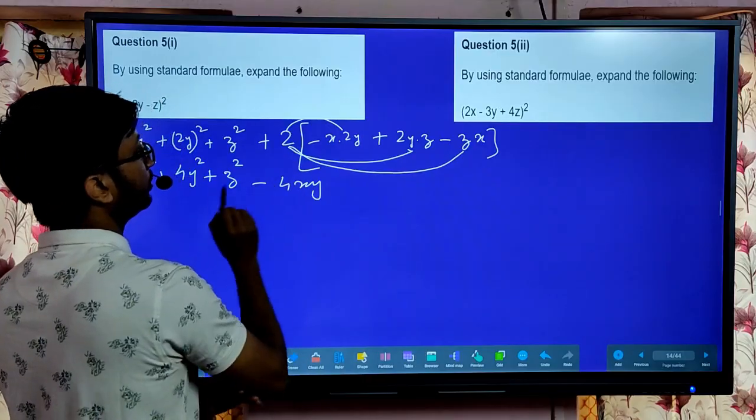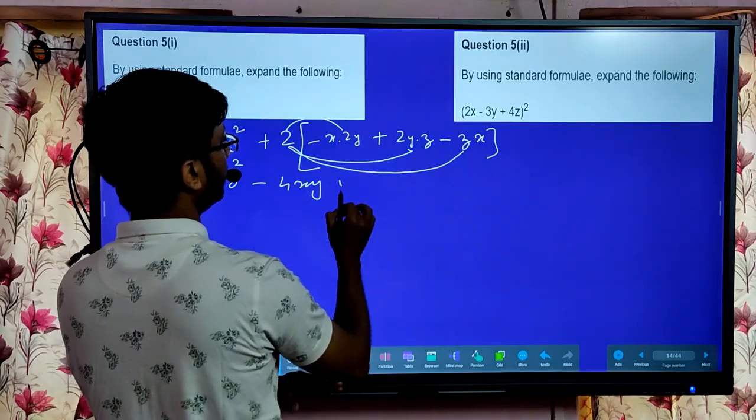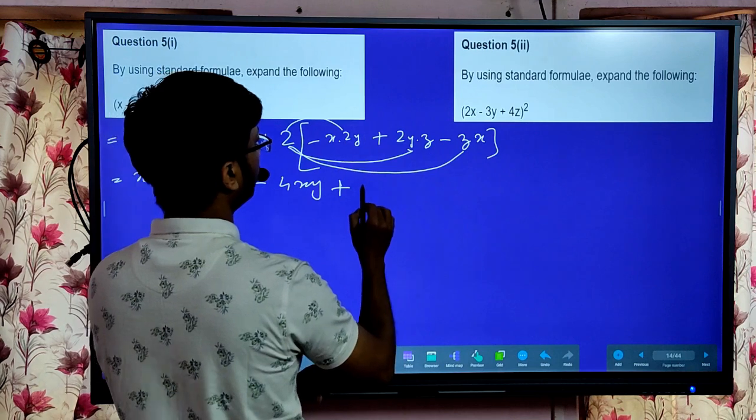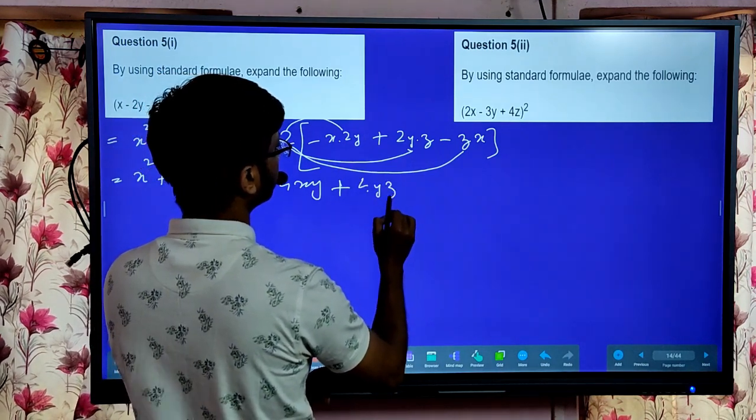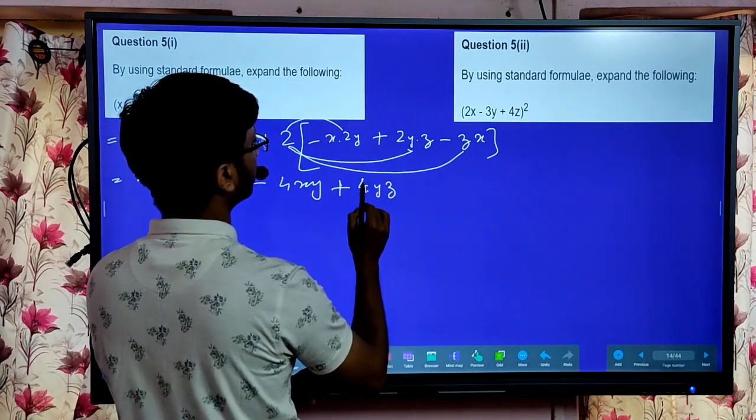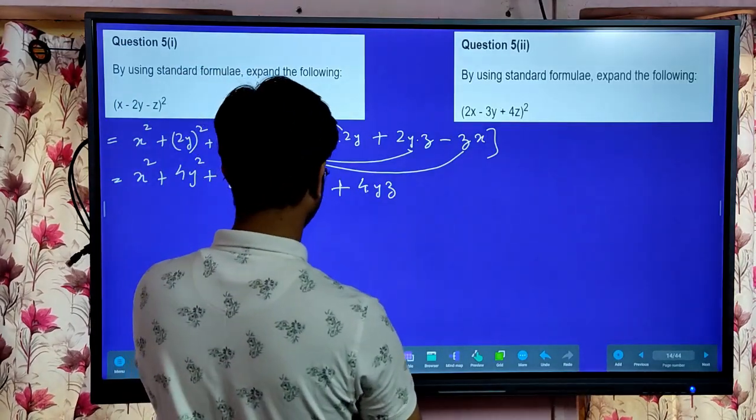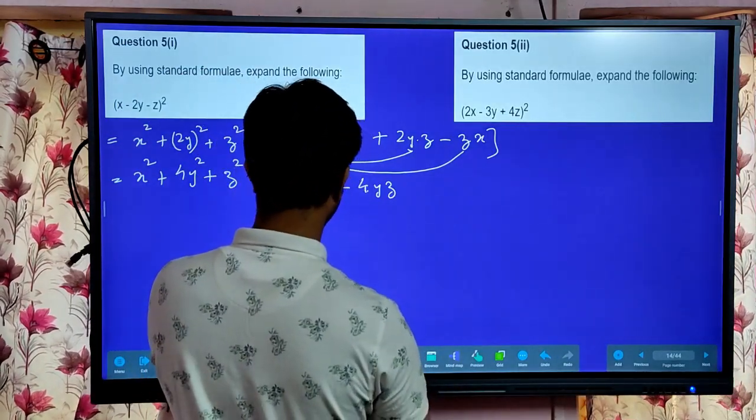And plus and minus will be minus. So plus again will be plus. 2 twos are 4yz. 4yz. Okay, just a minute.